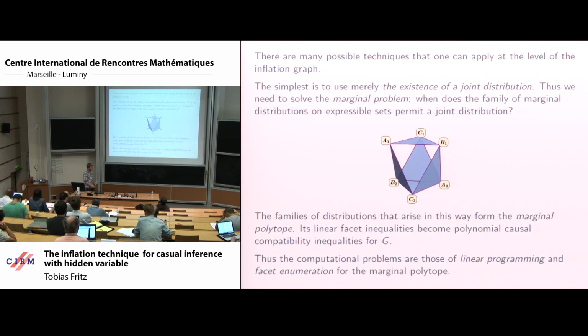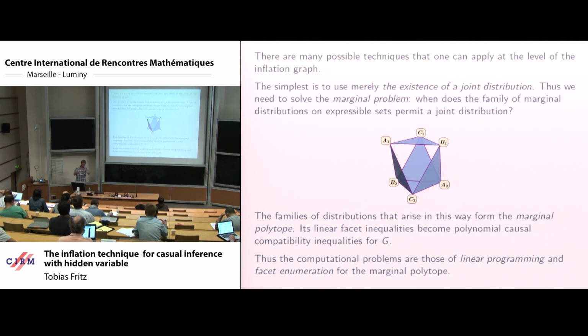So in principle there are many methods that one can apply at the level of G prime. But as I said already, using merely the existence of a joint distribution for these marginals on the expressible sets goes quite a long way. The problem one has to solve is what's called a marginal problem.